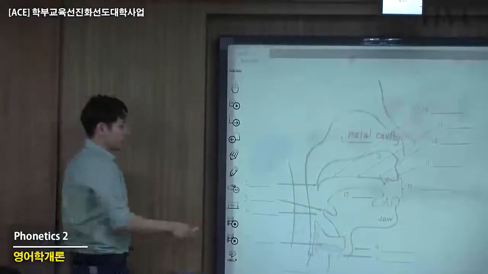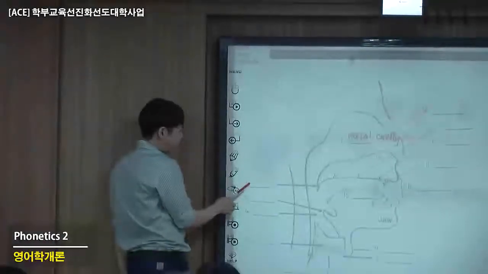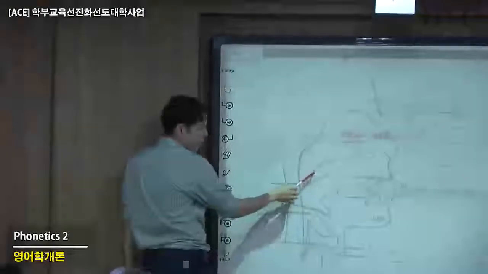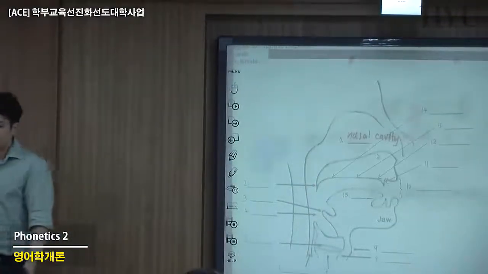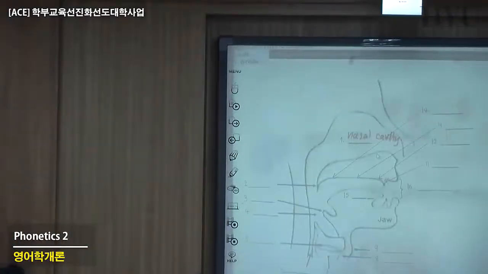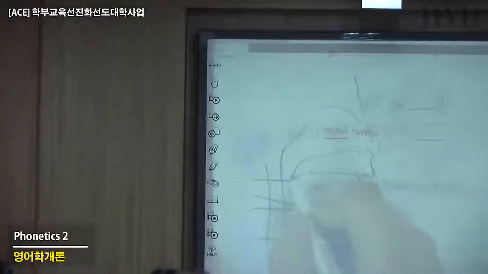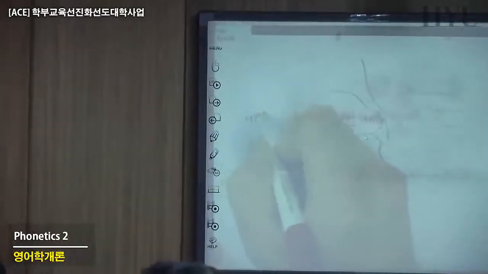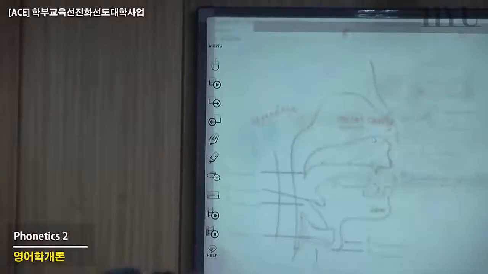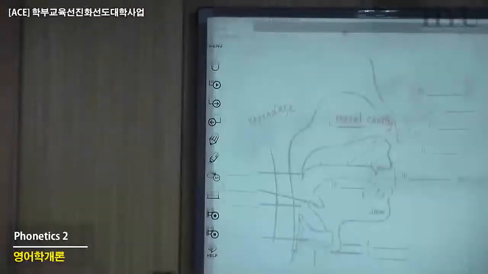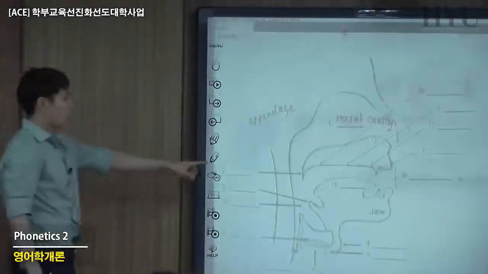The air has to come from the nose to make the nasal sounds, right? Number two is on your left-hand side. What is this appendage-like thing in the back of your mouth? An appendage is a thing that hangs down. So what is it called?